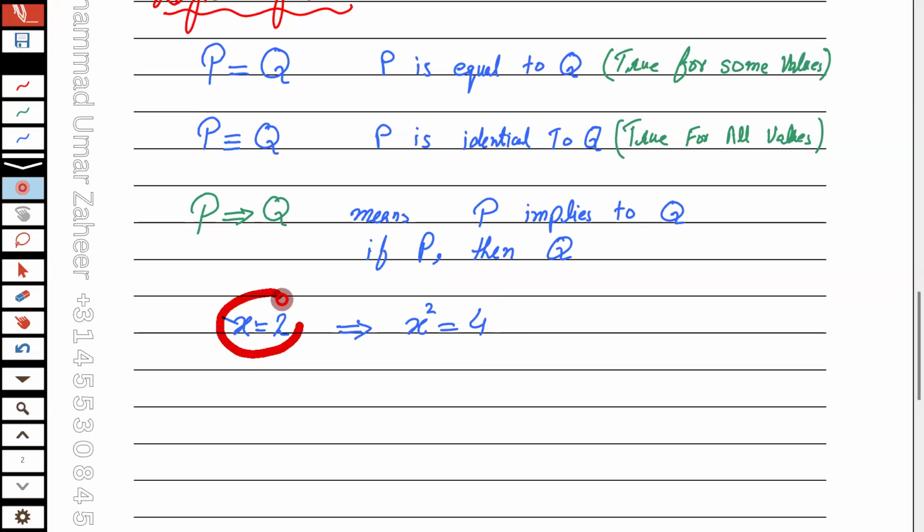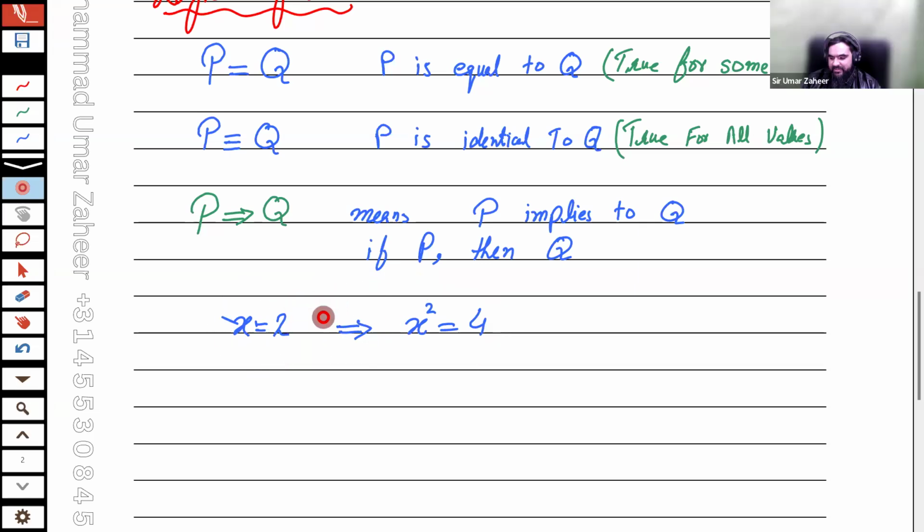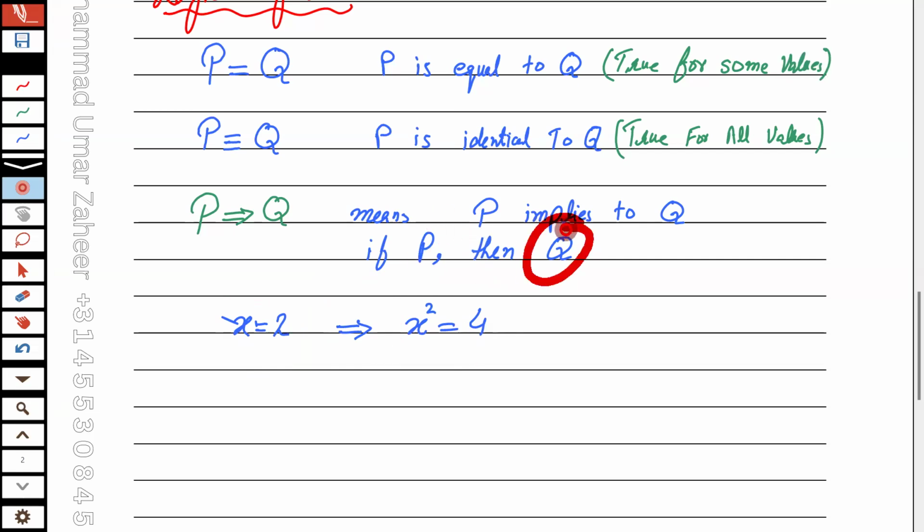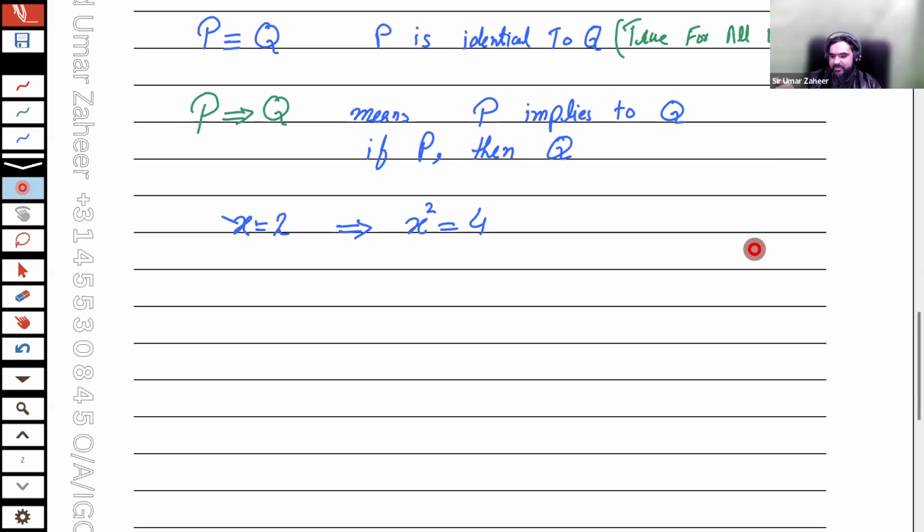If you have x is equal to 2, you can make the result that x square will be equal to 4. It implies it. If P, then Q. If the value is 2, then it will be 4. If it is P, then it is Q. In the same way, you can make it a reverse one, which is the same thing.